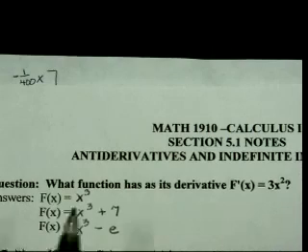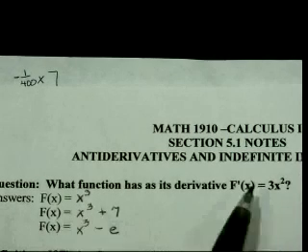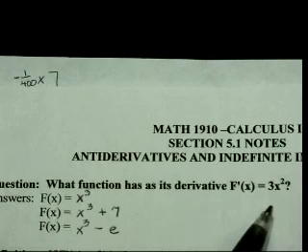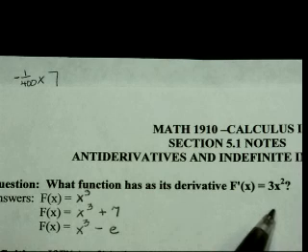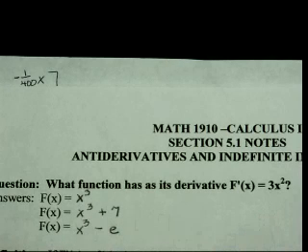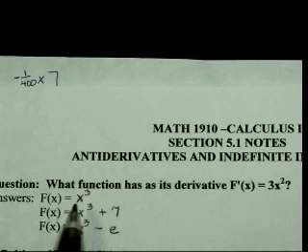So what we just discovered is that this function doesn't just have one antiderivative, it has a whole family of antiderivatives. Actually, we could write the antiderivative as x cubed plus any constant, and that would be the whole family of antiderivatives.